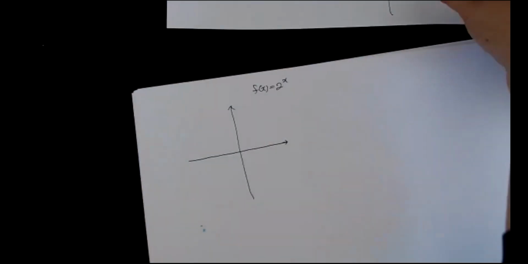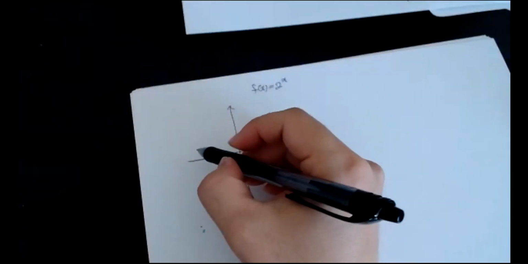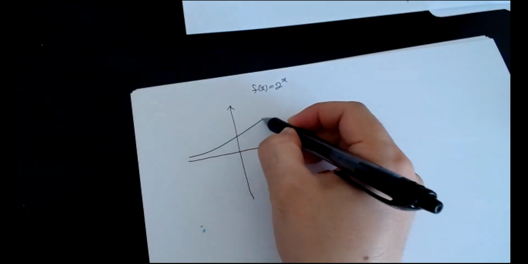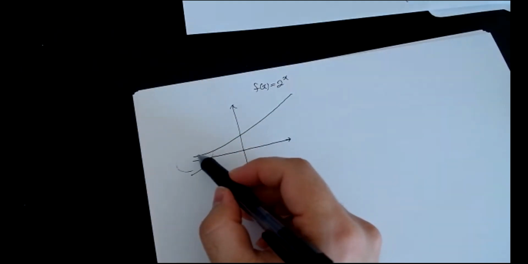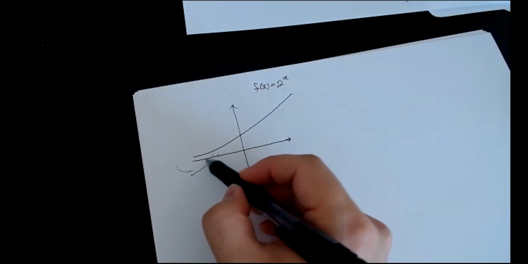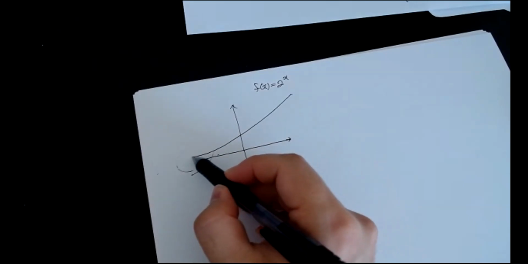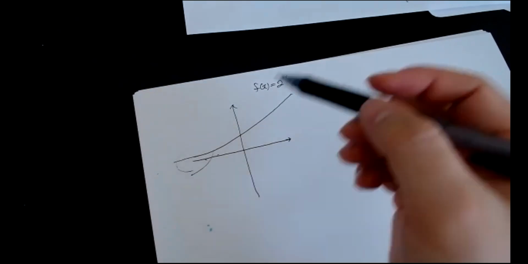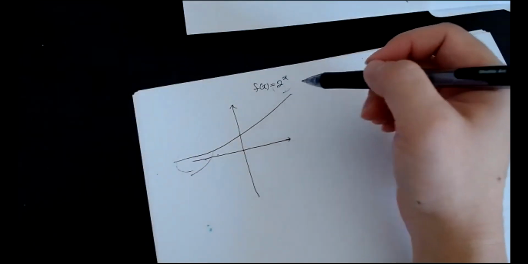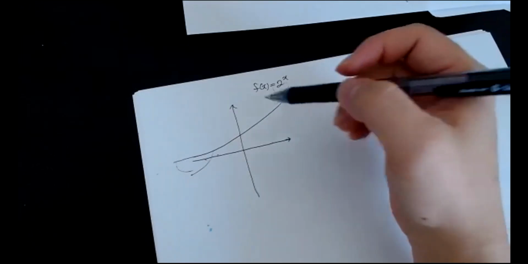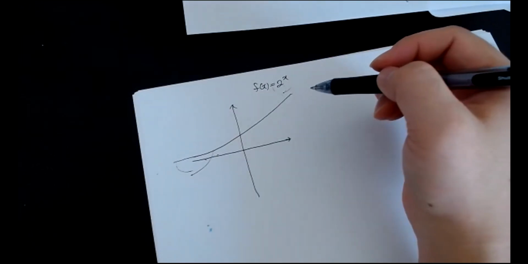Then the graph of the exponential function is like this, right? Look at this part. As x approaches negative infinity, it means x is getting smaller and smaller, and the graph approaches the x-axis, right? So this exponential function f of x has a horizontal asymptote, which is the x-axis.